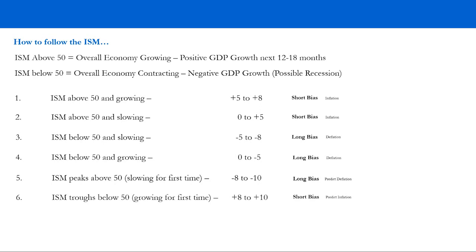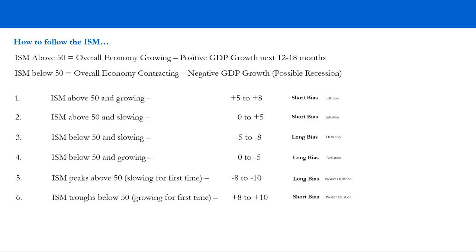Now, when we enter the peaks and the troughs, these are extreme situations. So when the ISM peaks above 50 and is slowing for the first time, or may have peaked, we have to be very cautious because there could be deflation around the corner. And for this, we actually score an extreme long bias, because if we've peaked, then deflation could be a real surprise to the world.